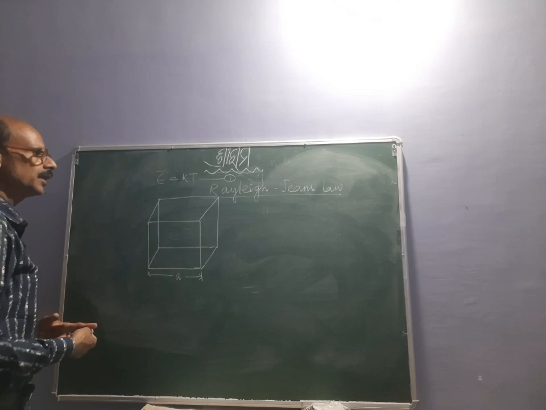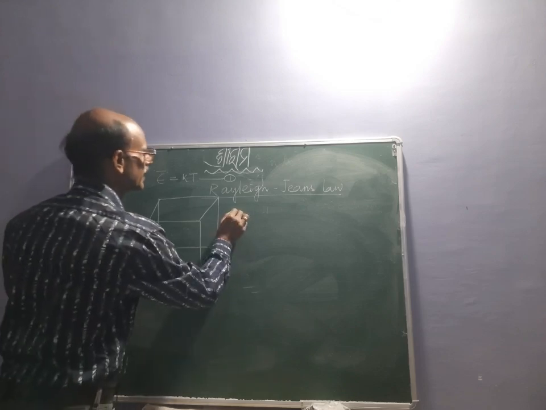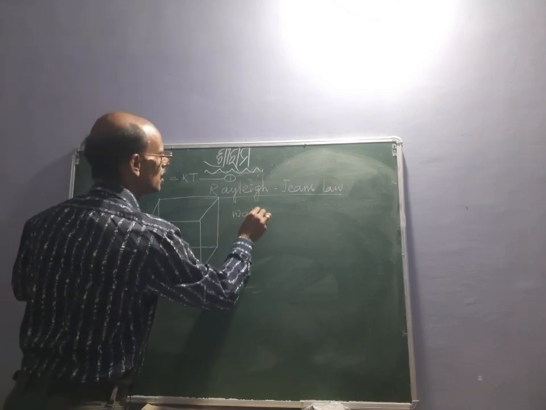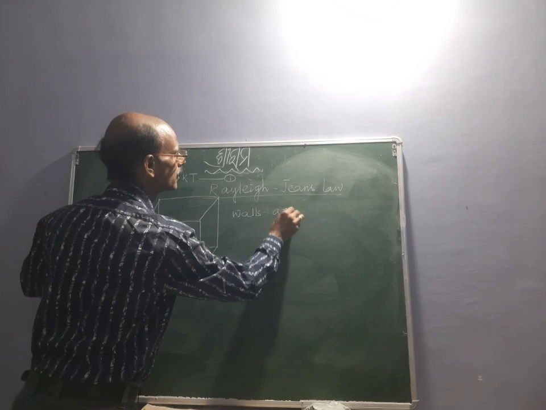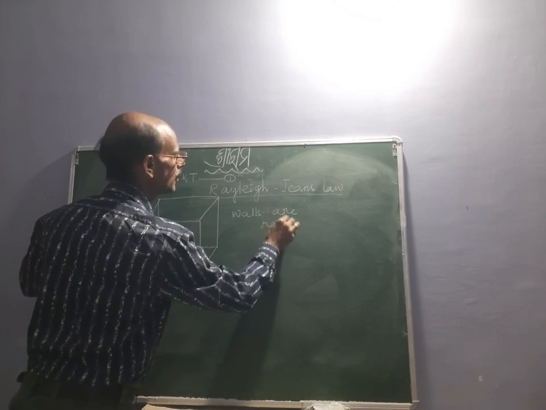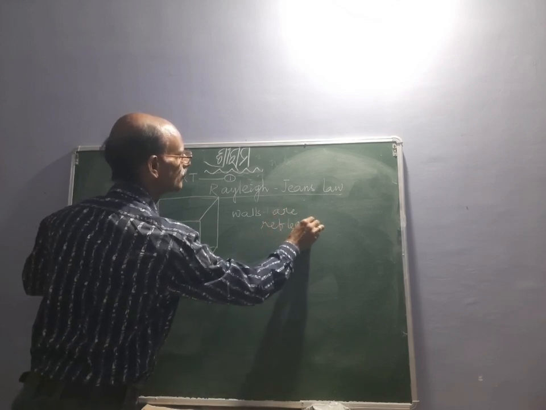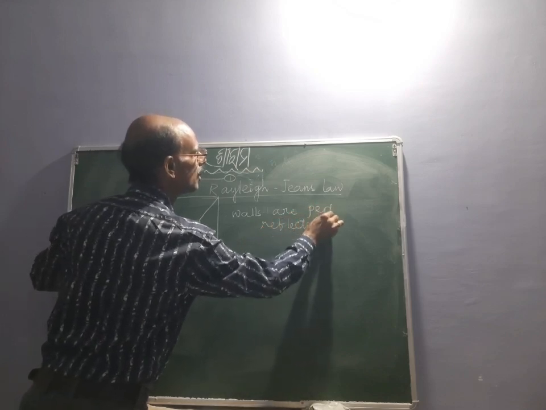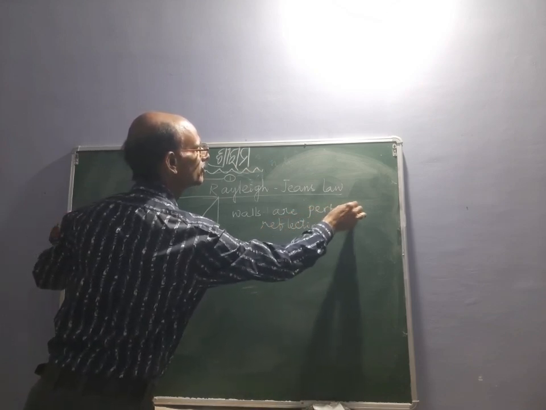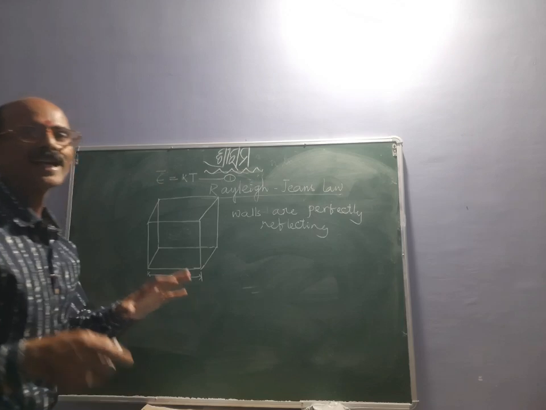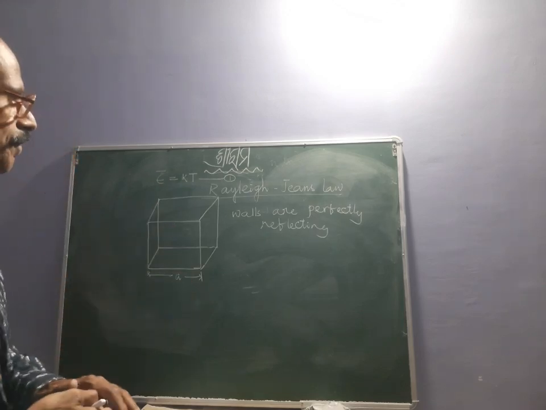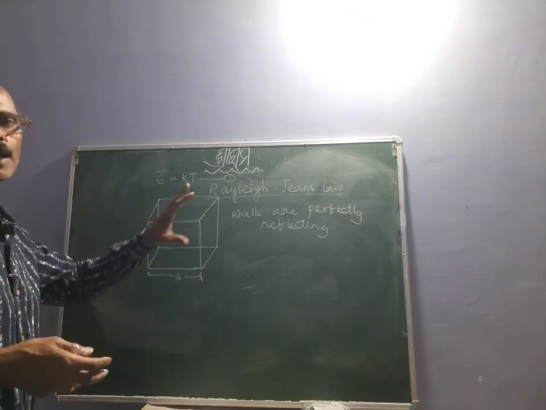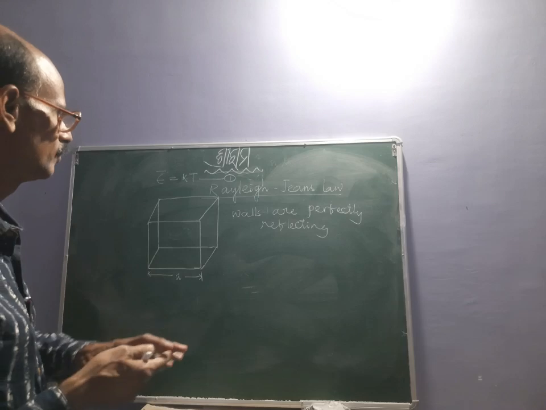and the walls are reflecting in nature. Walls are perfectly reflecting to maintain the temperature. That means the temperature is to be kept fixed.